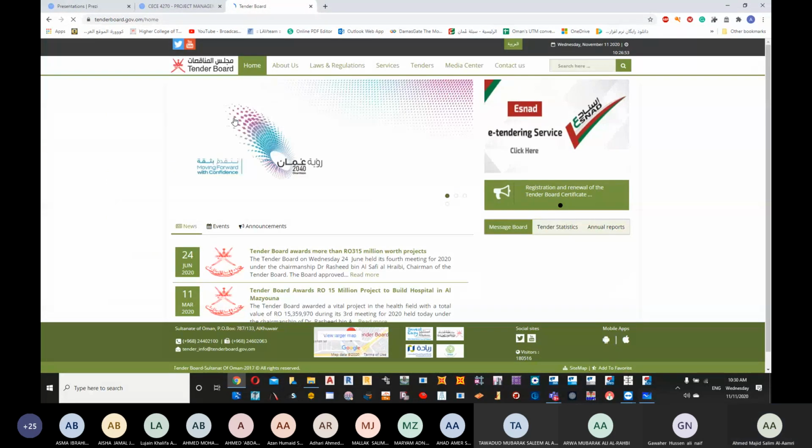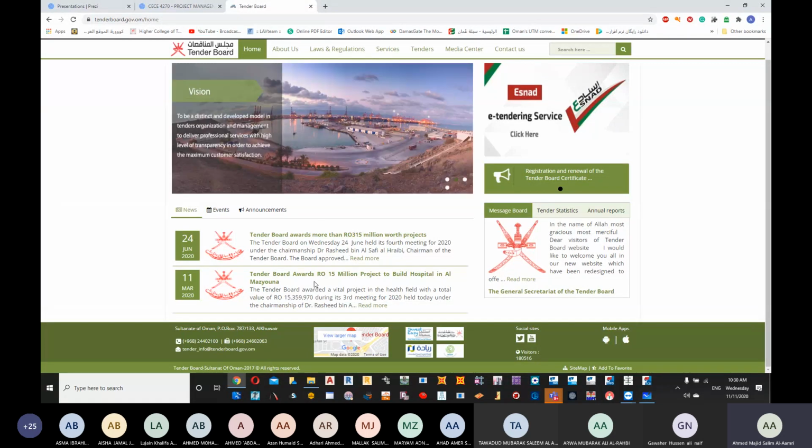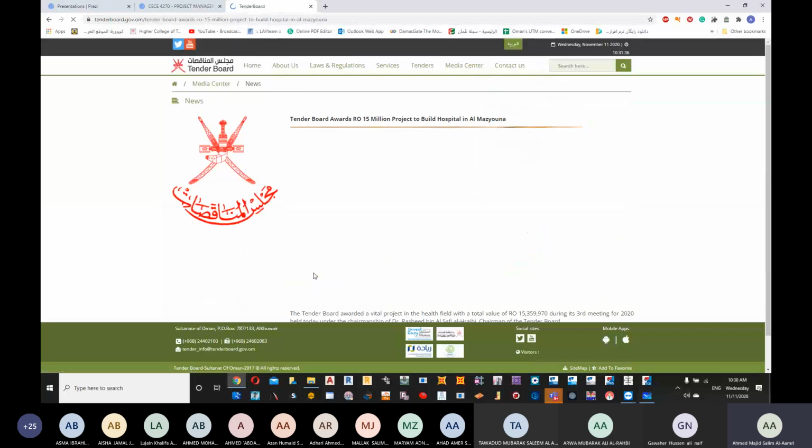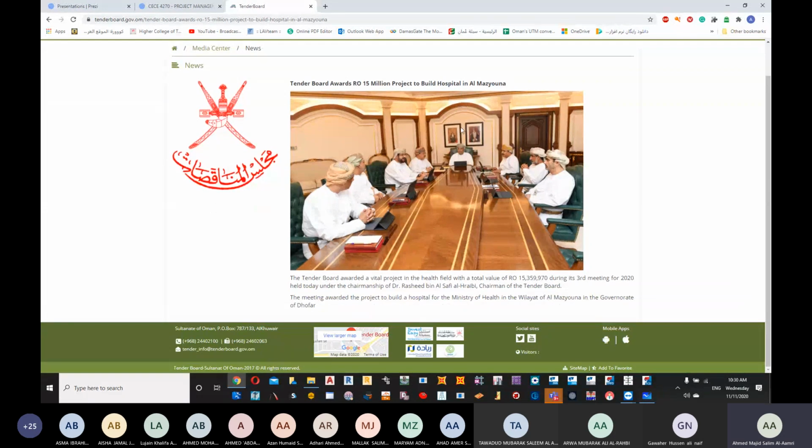This is the tender board where they are offering. You can see that the tender board is awarding a 15 million project to build a hospital in Al Mazyoun.